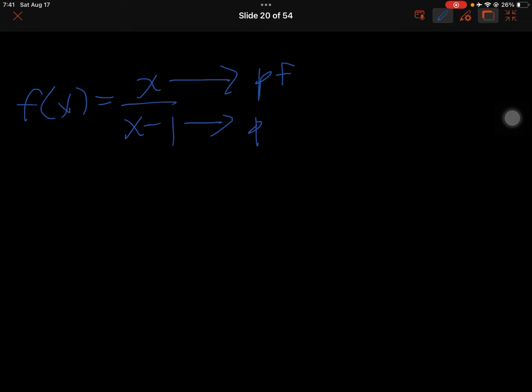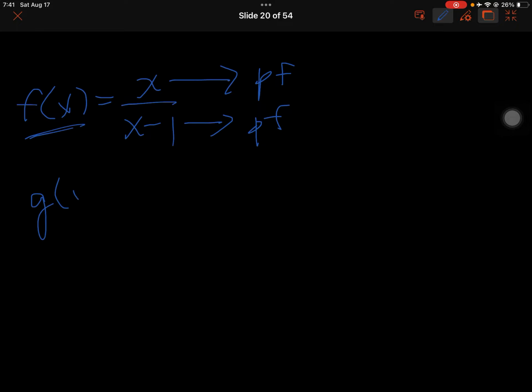Okay, next. So example for the rational function. So f of x is equal to x over x minus 1. We know that x here is a polynomial function and x minus 1 here is a polynomial function. Hence, f of x is a rational function.